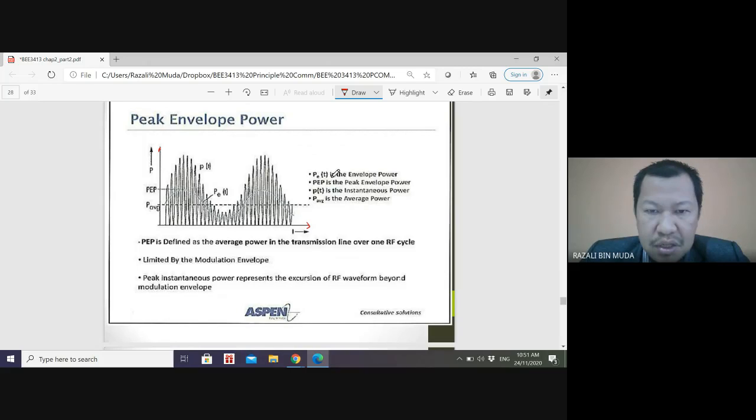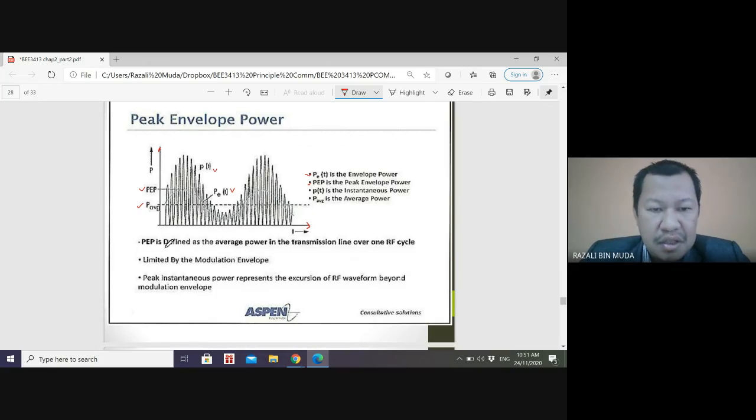First is PEP, the peak envelope power. This is the envelope. PEP is the peak envelope power. PT is the instantaneous power. And P average is the average power. P average, this one.